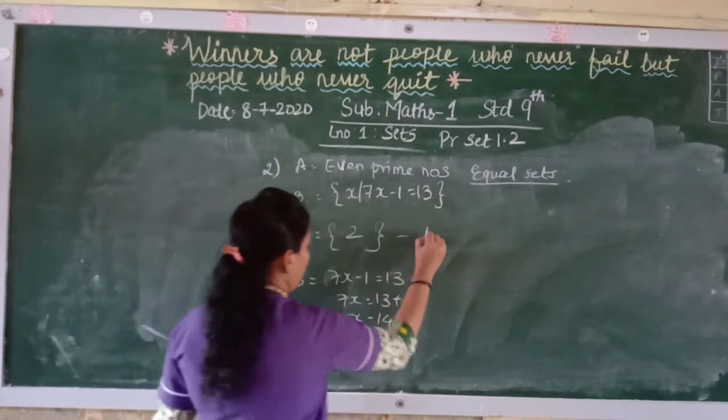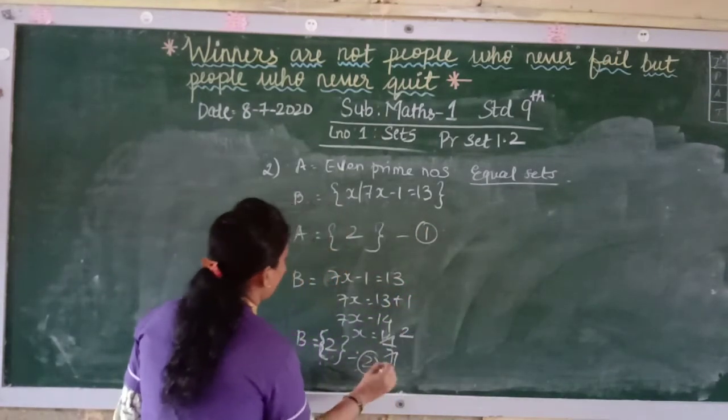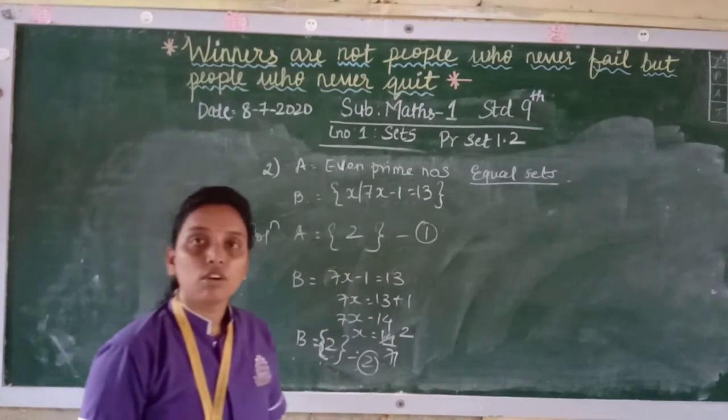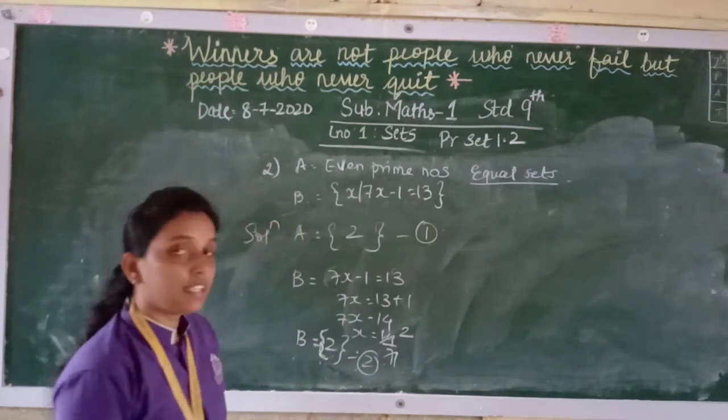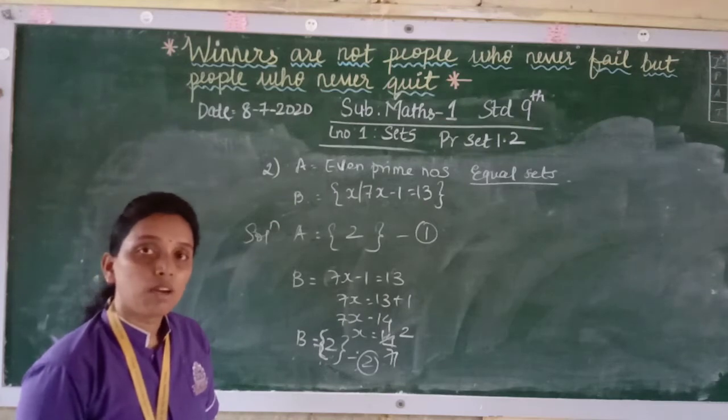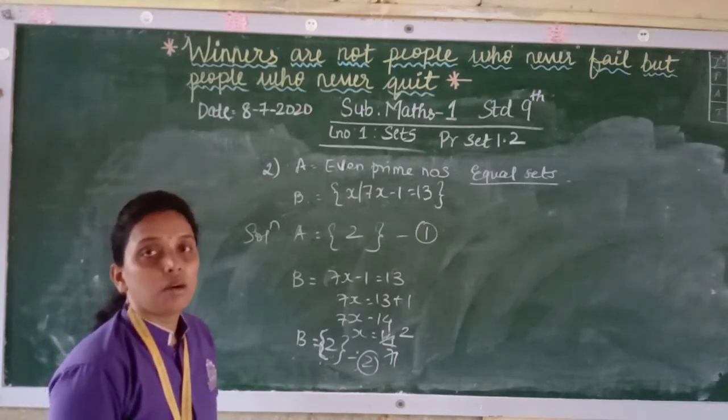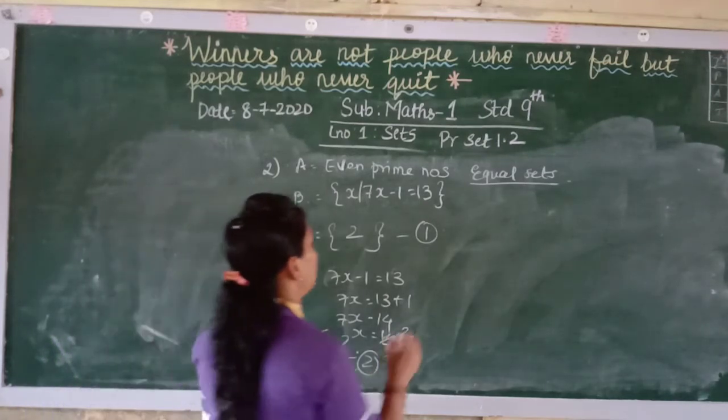So from 1 and 2 you will get set A and set B. They are equal because they contain the same element, that is 2. Therefore they are equal sets, like we did for the previous sum.